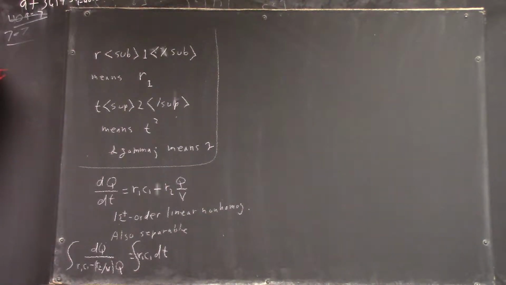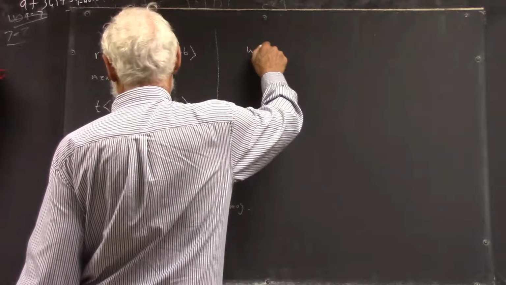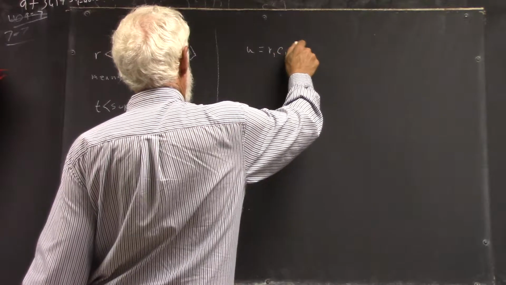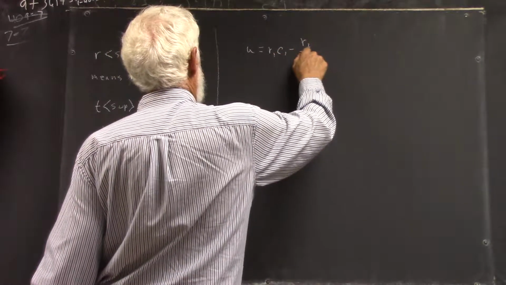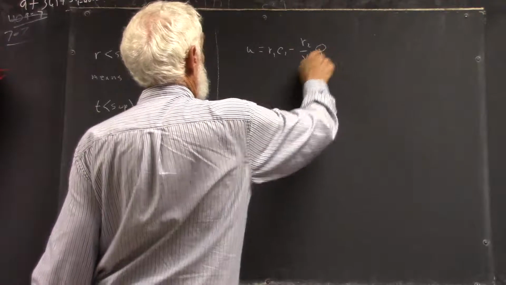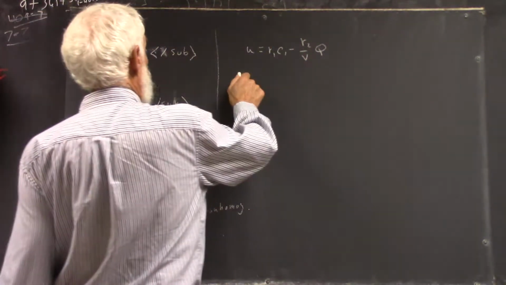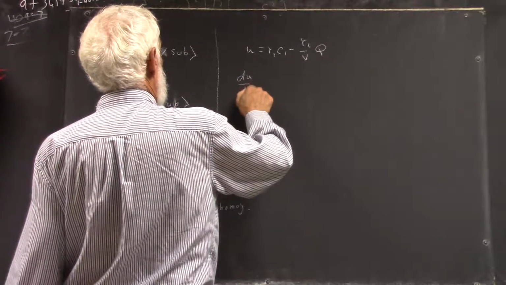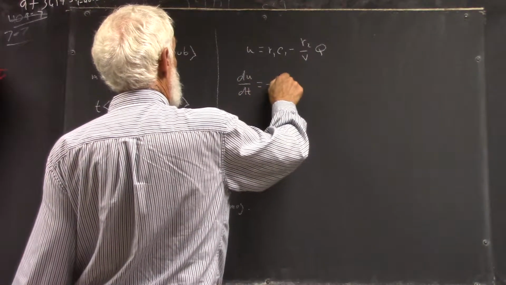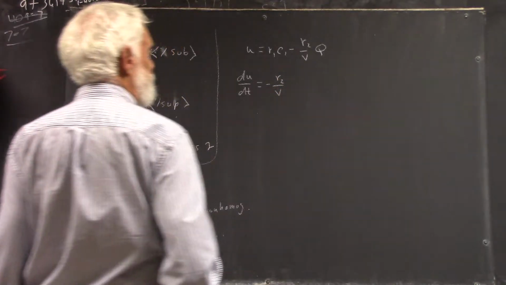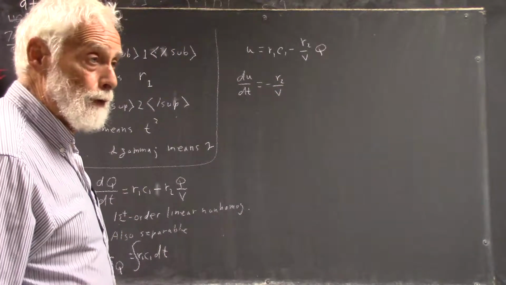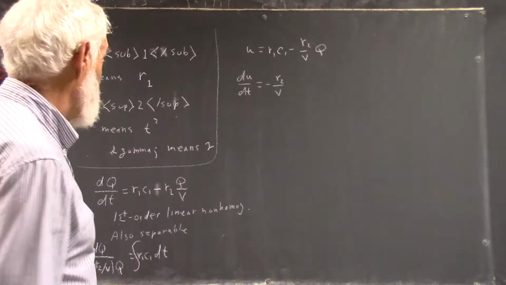It might not look exactly like what you might be thinking of, but you just let U equal R1C1 minus R2 over V Q. Kind of an unnecessary step here, but I'll do it. The derivative is negative R2 over V, a simple constant, which means you're in pretty good shape.